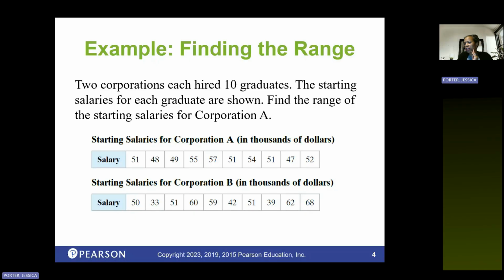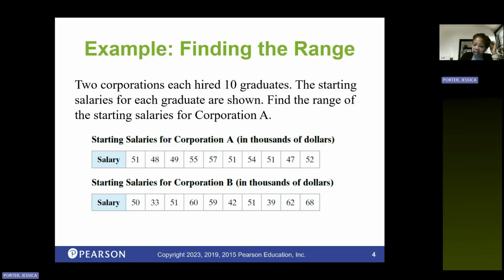While we're here, what is the range of Corporation B? What's the maximum? 68 and the minimum is 33. Oh, that's a bigger range.